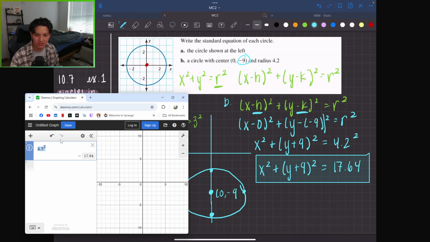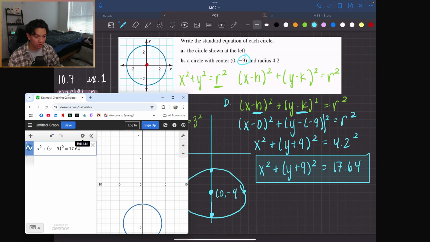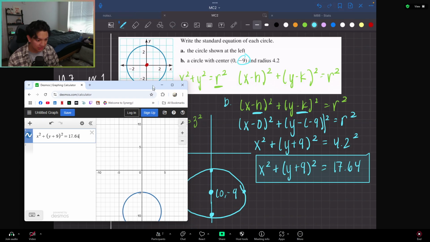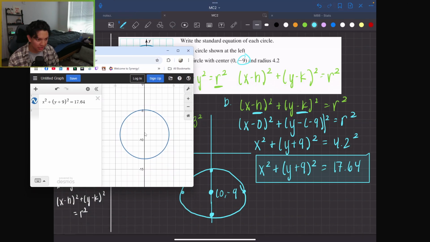Let's go ahead and put this into Desmos to see if it'll give us that same circle. So x squared plus, in parentheses, y plus 9 squared equals 17.64. Take a look at this circle right over here. Nice.